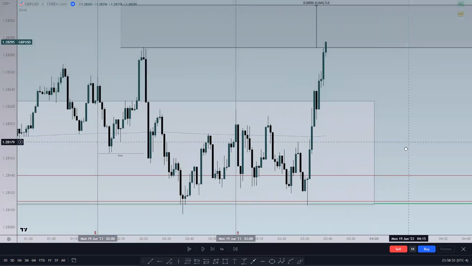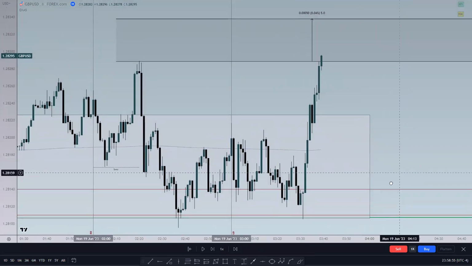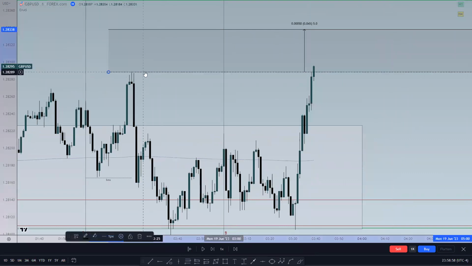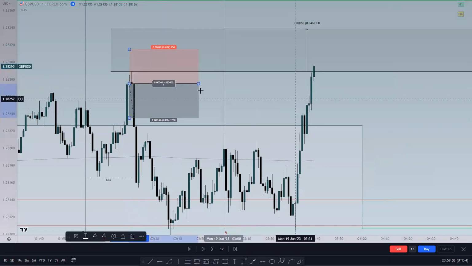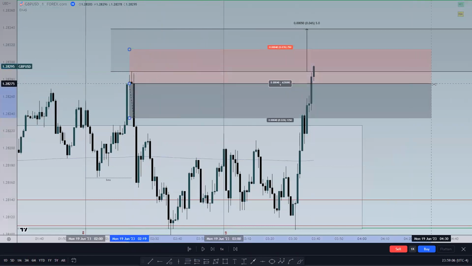Then one could have taken a setup on the 5 minute time frame when price traded right into this last up close candle, or the recent high. That's why I went short.